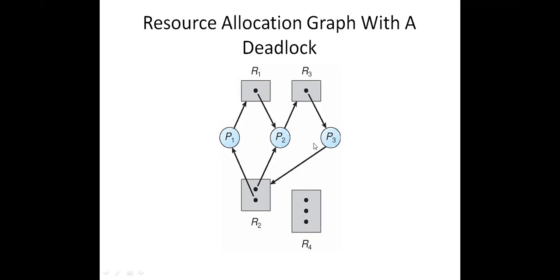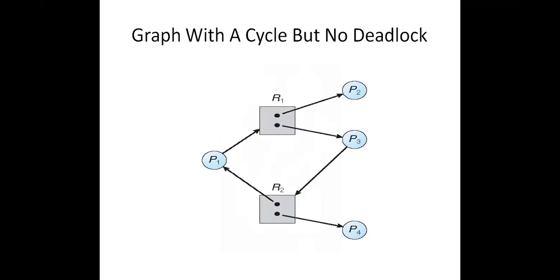That means P3 is waiting for P1. So there is a cycle. P1 to P2, P2 to P3, again P3 to P1. That is circular wait. If there is a circular wait, there is a cycle. If there is a cycle, then there is a chance of deadlock.